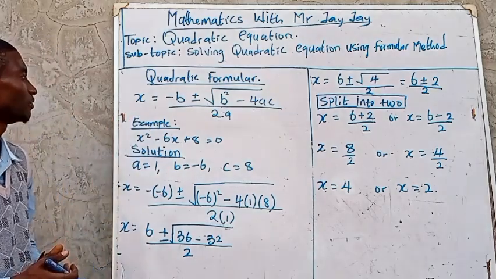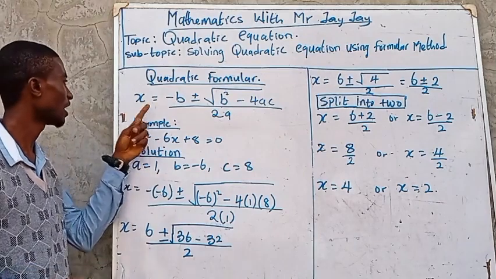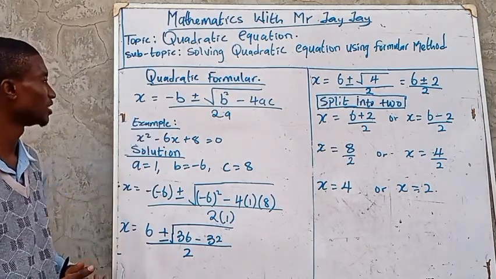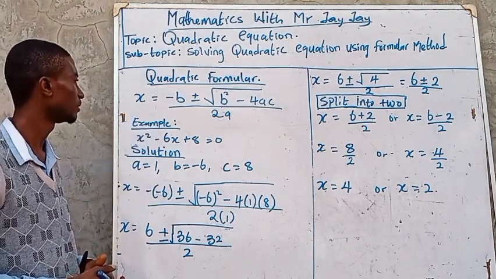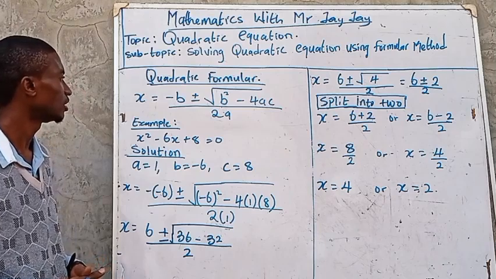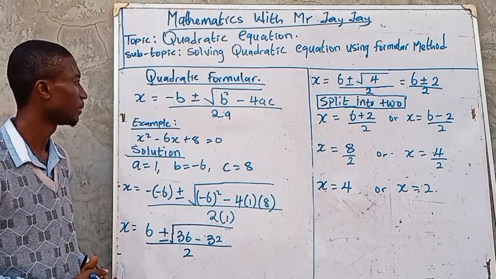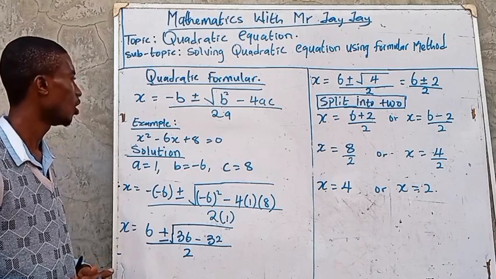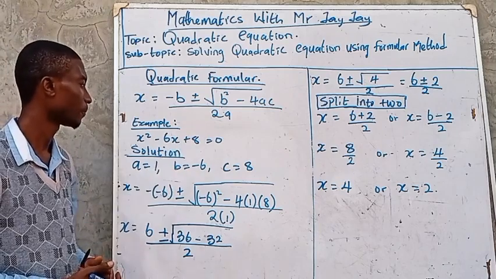So here we have the quadratic formula, which is x equal to minus b plus or minus the square root of b square minus 4ac all over 2a.